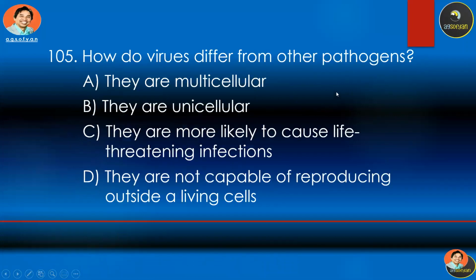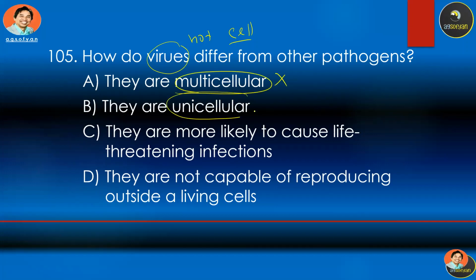How do viruses differ from other pathogens? A, B, C, or D? Okay, remember a virus is not a cell. So is it multicellular? It's going to be no, because it is not a cell. It is not unicellular because it is not a cell. They are more likely to cause life-threatening infections. It could be, yeah.